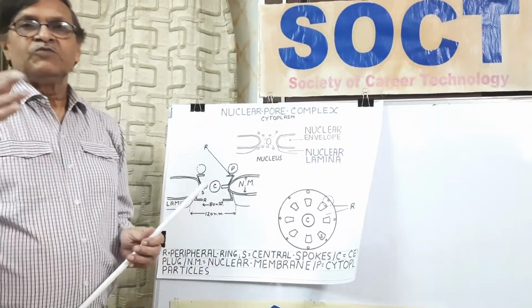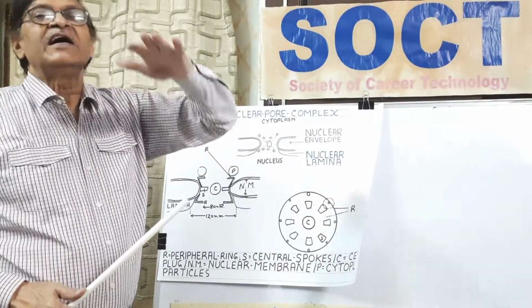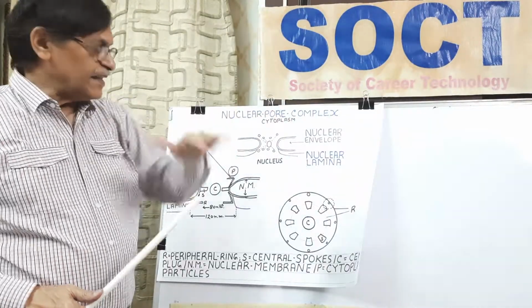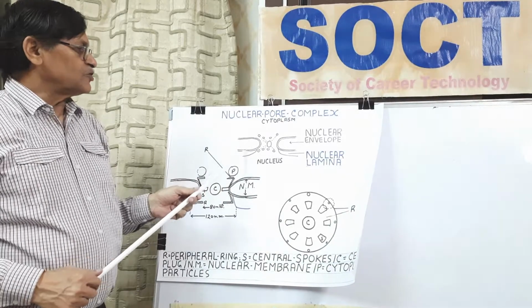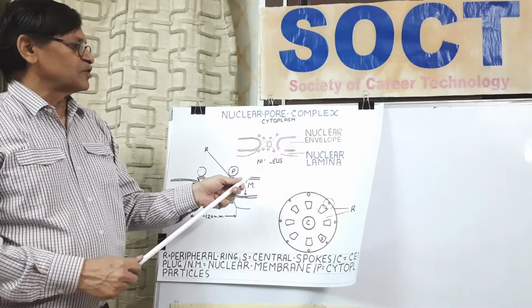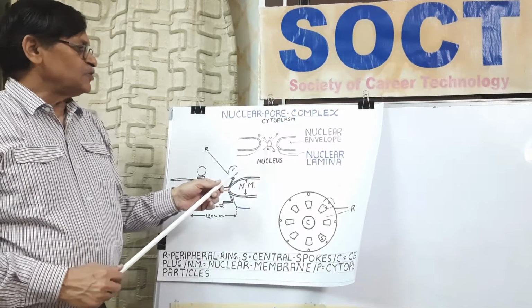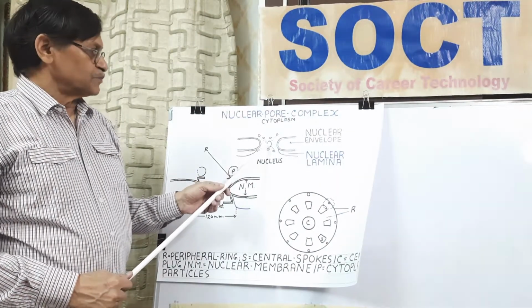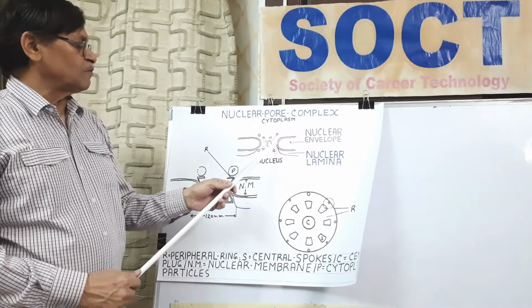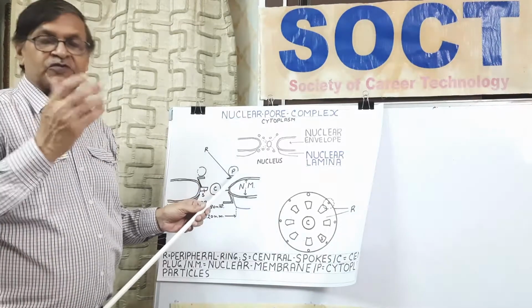Now we can see nuclear pore both in a surface view and in a lateral view. In a lateral view we can see here that these two nuclear membranes enclosing a nuclear envelope, and the nuclear pore also contains a central plug, and this plug is connected by both ends of the nuclear membrane by 8 spokes.